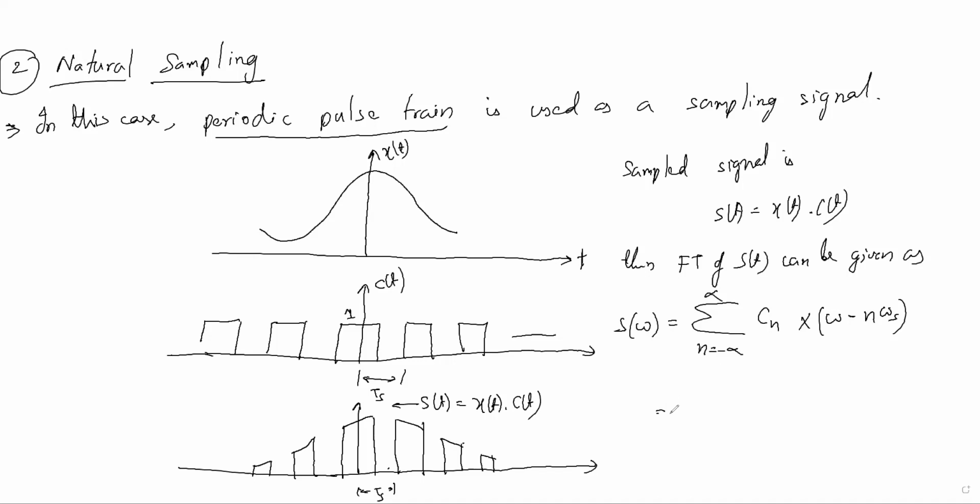If you find the Cn for this periodic rectangular pulse signal, then that can be given by the sum from minus infinity to infinity of 1 by n pi sine of n omega s d by 2, X of omega minus n omega s. First, you have to know the formula. This is all about natural sampling.